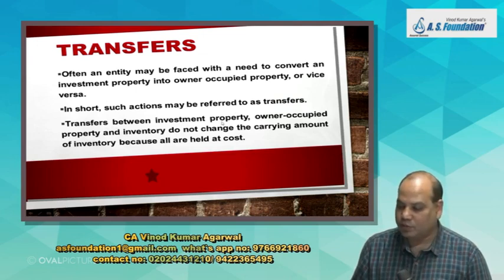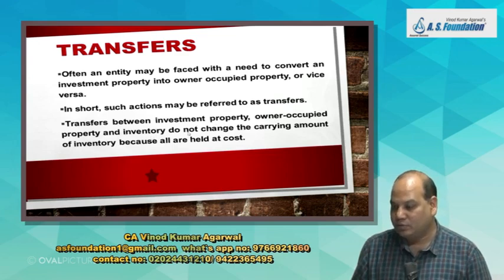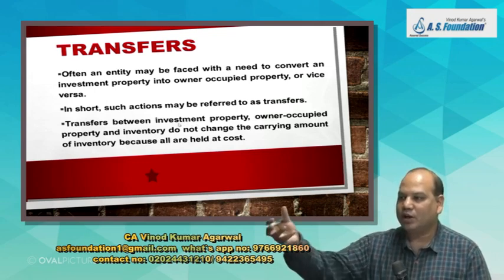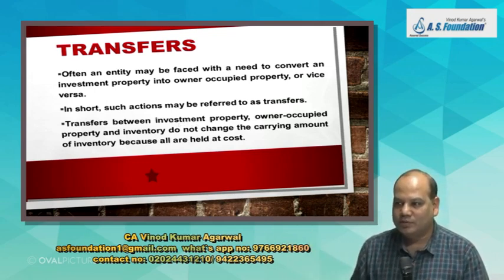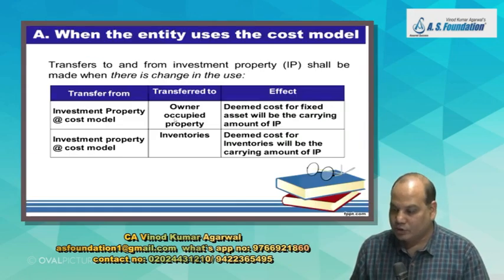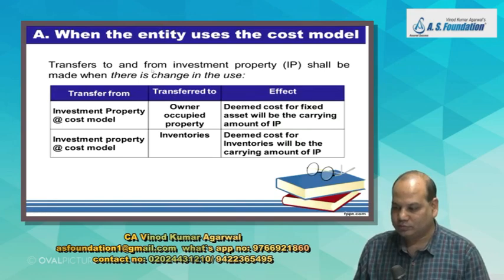Transfer between investment property, owner occupied property and inventory do not change the carrying amount, because all of them are held at cost. So whatever is the carrying amount of one becomes the carrying amount of the other one. Is it right? But still we will go into more details now.